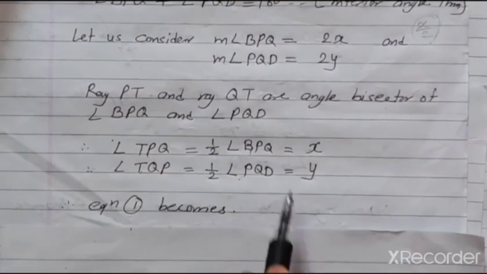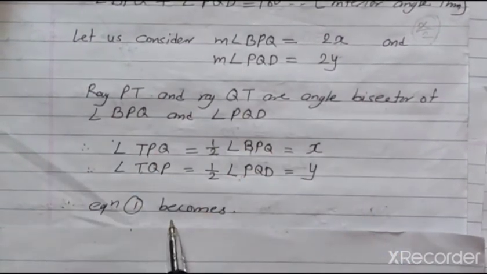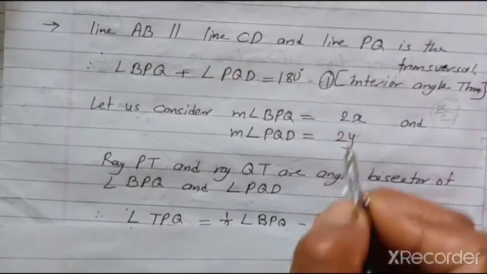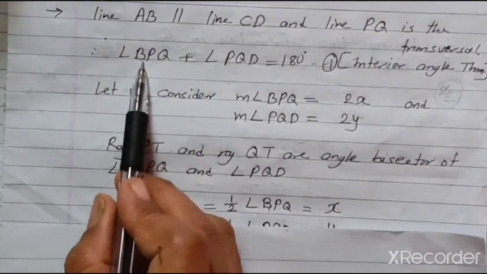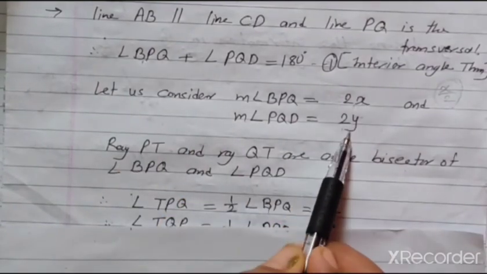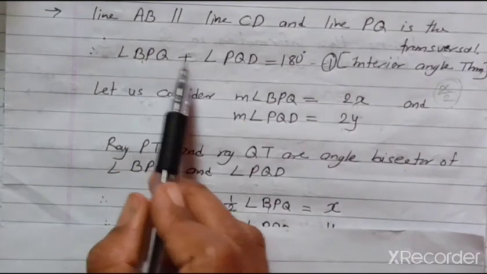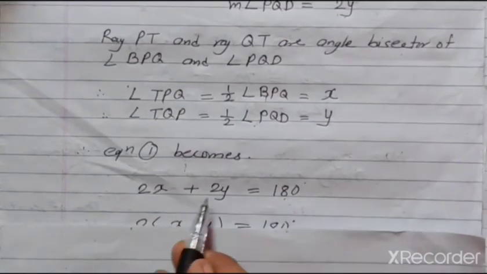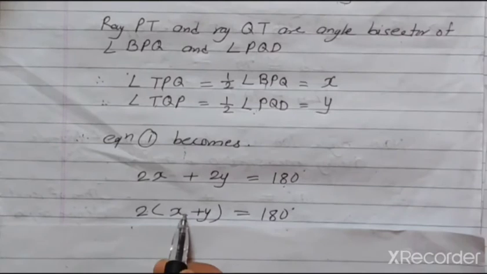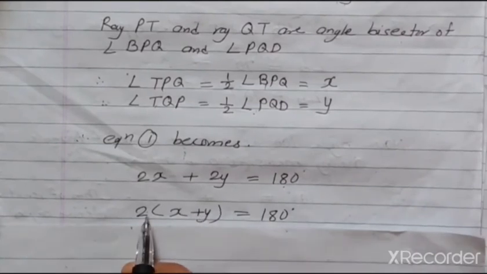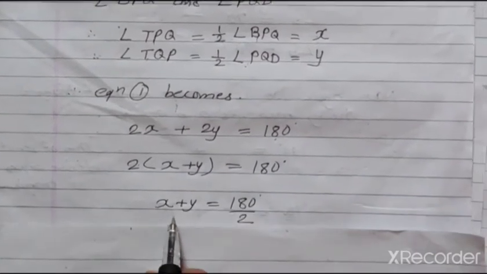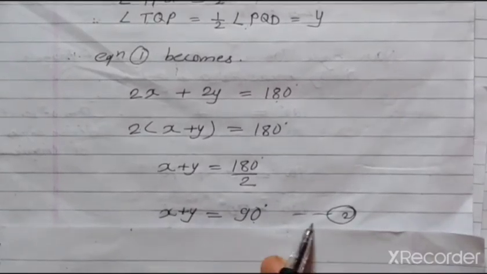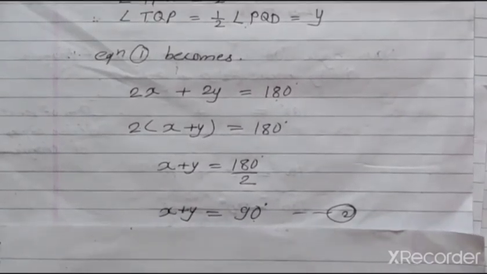Now from all our consideration, this is our equation number 1. So substitute its values from these two considerations, that is 2x plus 2y is equal to 180 degree. Take this 2 as a common term, so 2 times x plus y is equal to 180. Take this 2 to the other hand side, so after solving we will get x plus y is equal to 90 degree. This is our equation number 2.